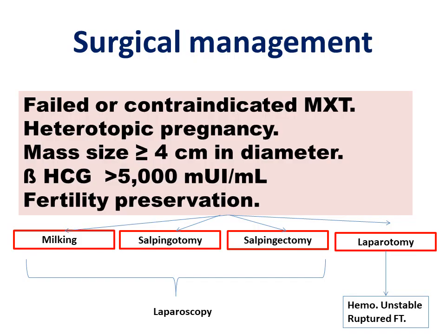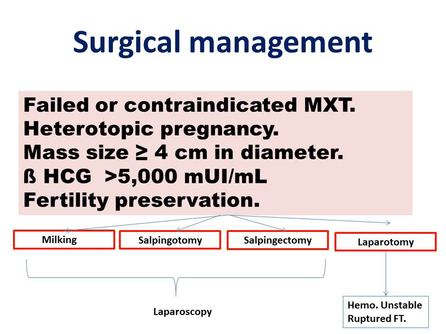The option of surgical treatment is offered to your patient if she has failed expectant or medical treatment, or has a contraindication to medical treatment, or if the patient has heterotopic pregnancy, which is intrauterine and extrauterine pregnancy, or the mass may be more than 4 centimeters in diameter by ultrasonography, the beta-HCG level initially is more than 5000 units per liter, and of course if the patient is infertile, for fertility preservation in such a case.